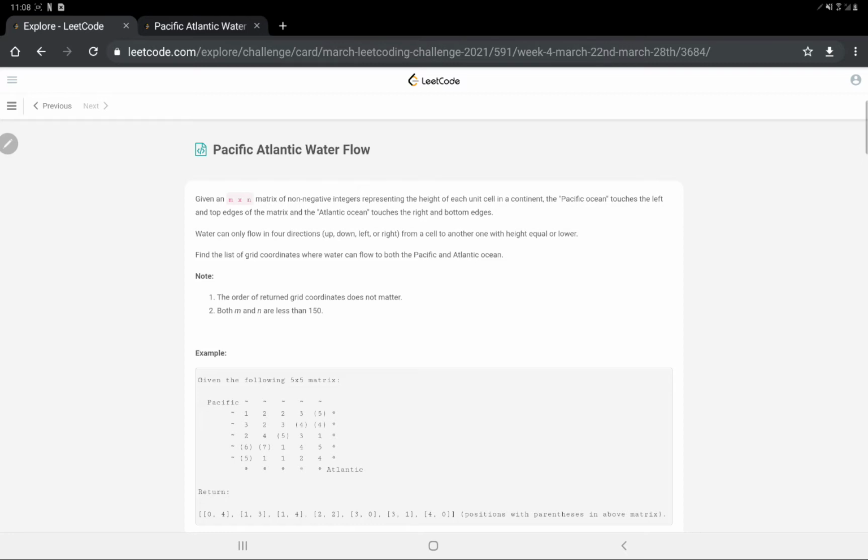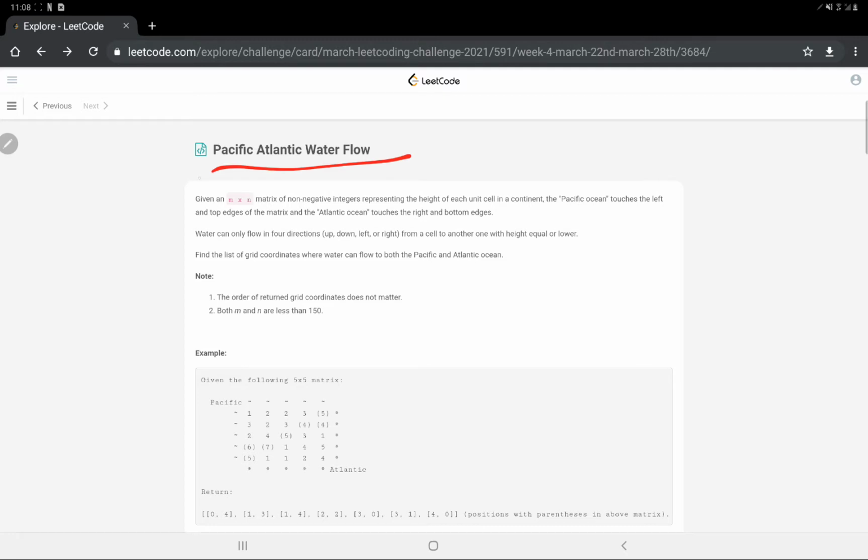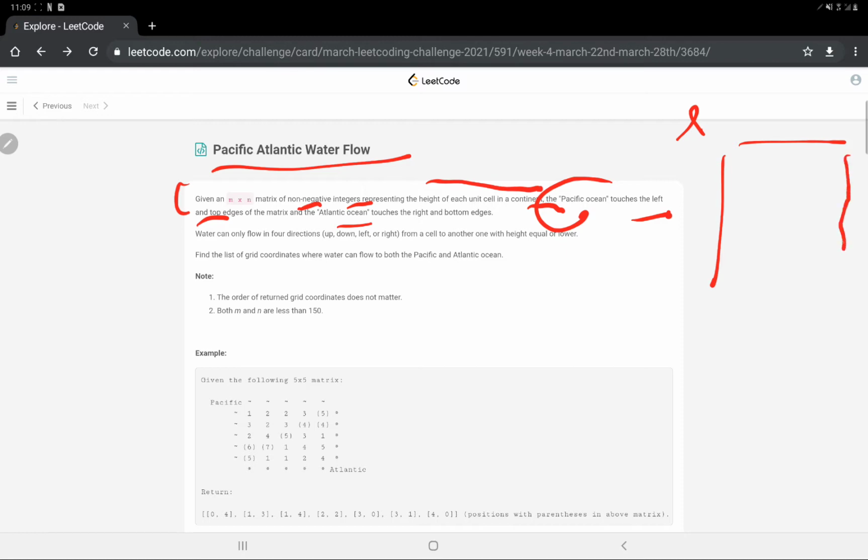And the question for today is Pacific Atlantic water flow. Alright, so what we have over here is the question in which, given a matrix m cross n of non-negative integers representing the height of each unit in the continent, the Pacific Ocean touches the left and the top edges, and the Atlantic Ocean touches the right and the bottom edges.